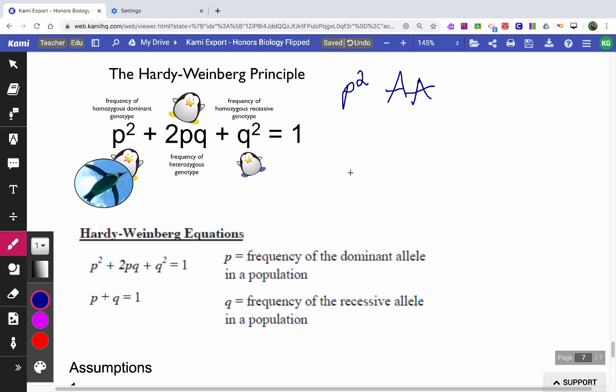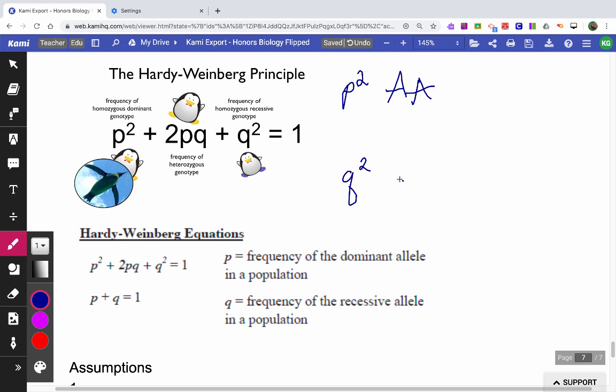And then q squared. Hardy and Weinberg have book-long papers going through how they worked all this out, so I'm not going to get into the derivation of the Hardy-Weinberg principle. We're just going to use the equations to make some predictions about if our population is evolving.